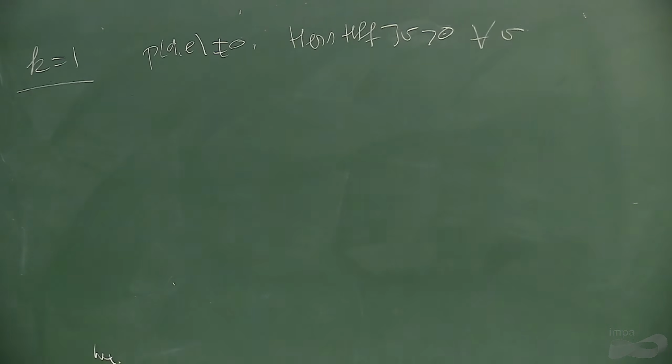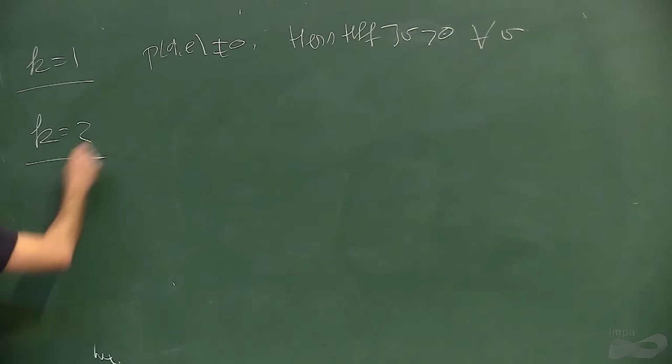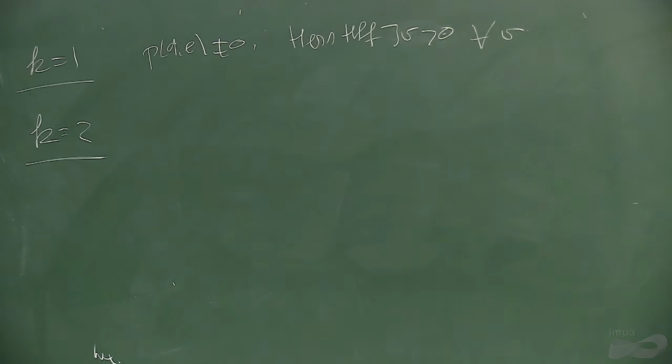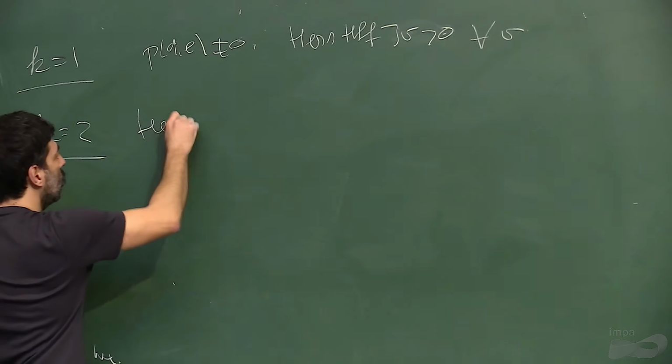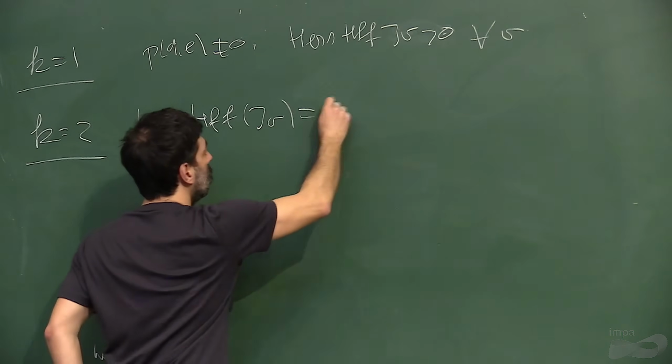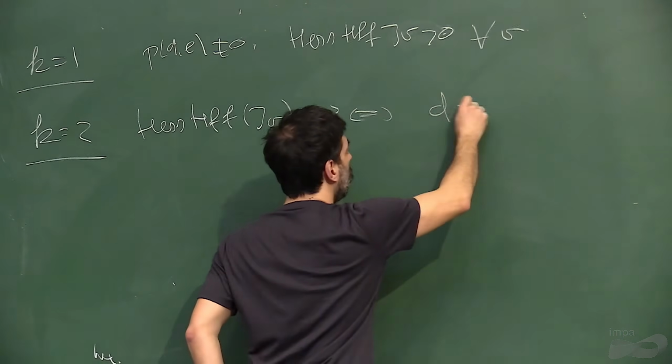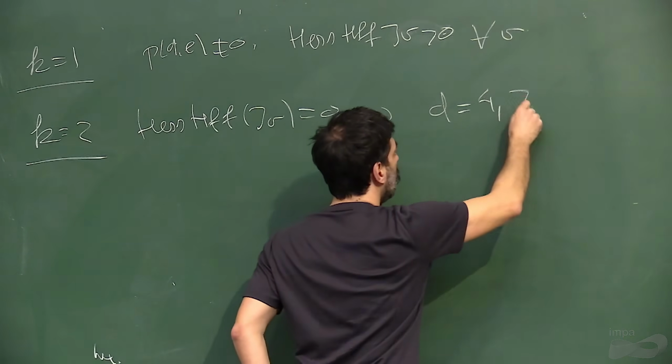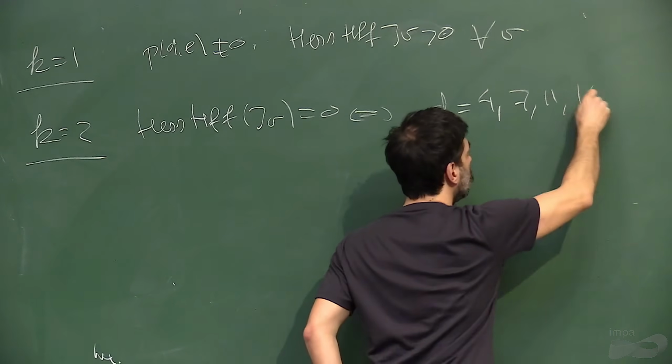We have a local Bowen theorem for every d in the projective space. So this is k equal 1. Then you go to k equal 2, and you get an equation which is easy to solve. And essentially this is going to be 0 if and only if d equals 4 or 7 or 11 or 16.